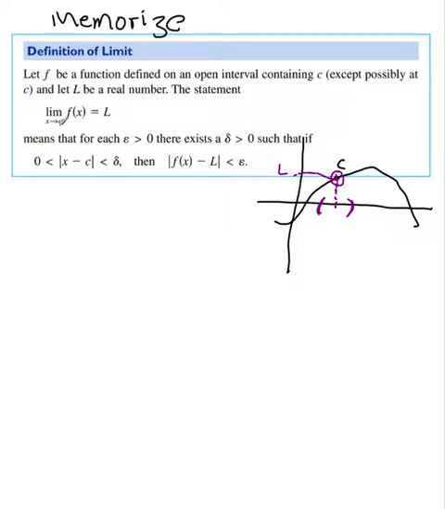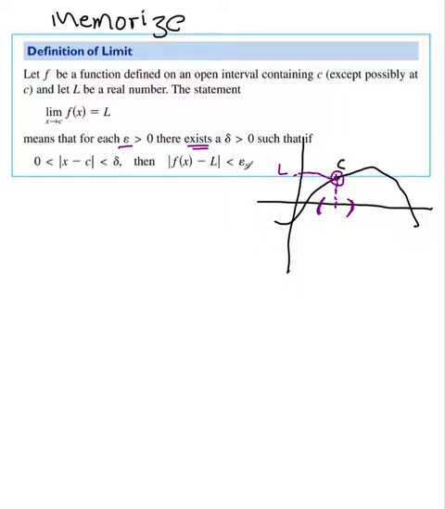Now, the statement that the limit as x approaches c of f of x equals L means that for every epsilon greater than 0, there exists, and this is the important part, the existence of a delta greater than 0 such that if the absolute value of x minus c is less than delta, then the absolute value of f of x minus L is less than epsilon.